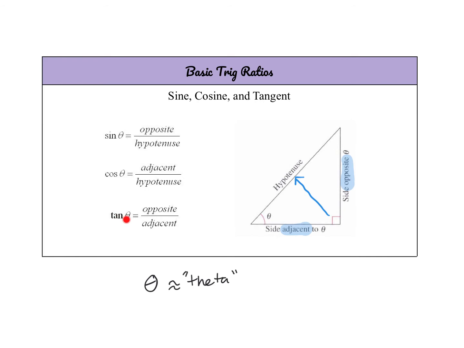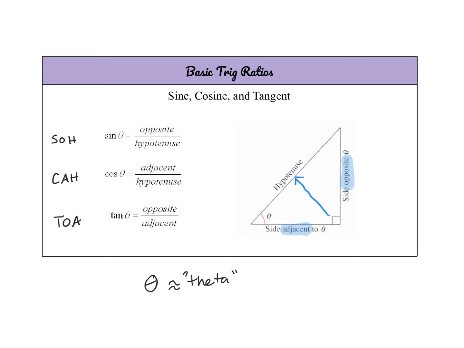And the tangent of theta will be the ratio of the opposite side length over the adjacent side length. So this is the SOH, CAH, and TOA of SOHCAHTOA. So sine is opposite over hypotenuse, cosine is adjacent over hypotenuse, tangent is opposite over adjacent.